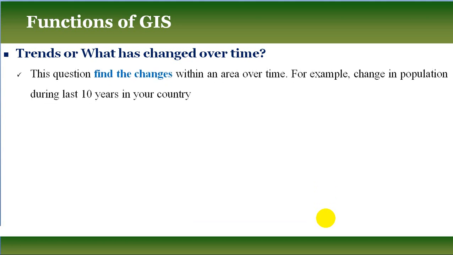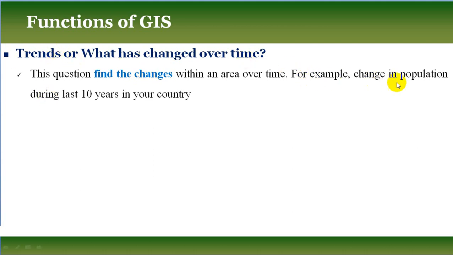So this question is to find the changes within an area over time. The most important things are changes in land use land cover, changes in crime patterns, changes in biodiversity, changes in population. In such scenarios we can ask such spatial questions.